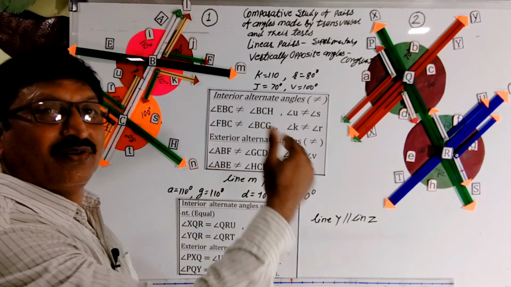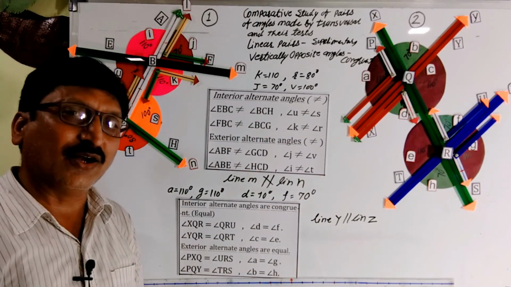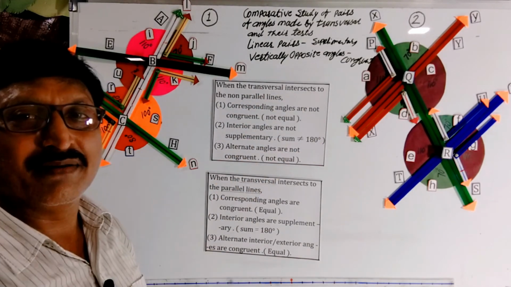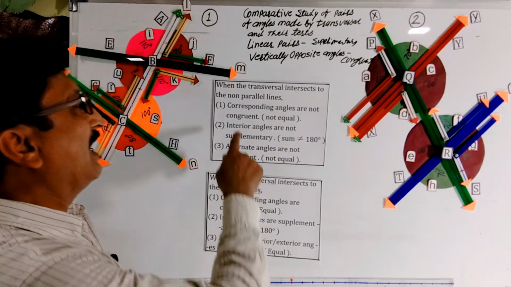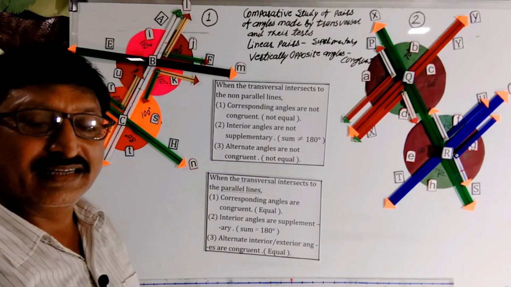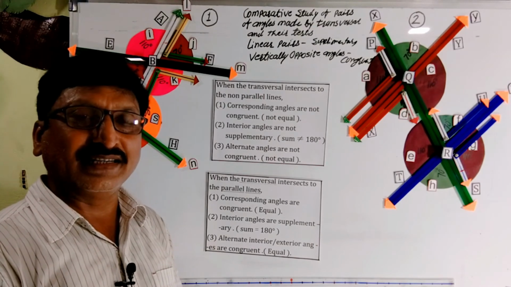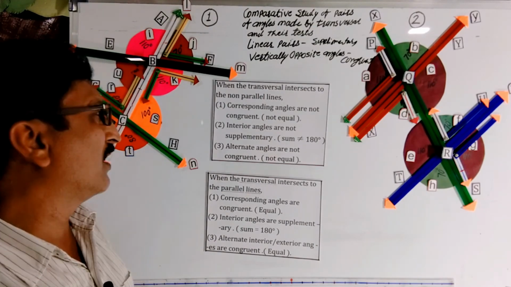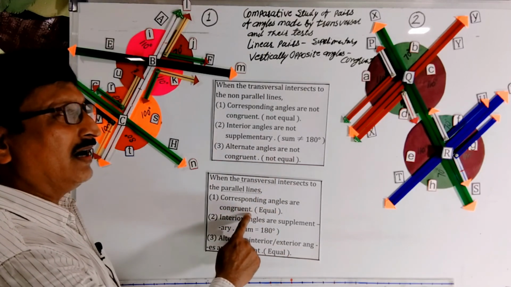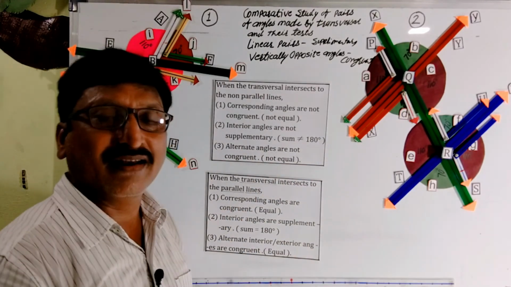Now we have to see the comparative study of all these things. Whenever two lines are not parallel, what will happen? The corresponding angles are not equal. That is the converse of the corresponding angles test. What is the test of corresponding angles then? Whenever the corresponding angles are congruent, then the lines are parallel.